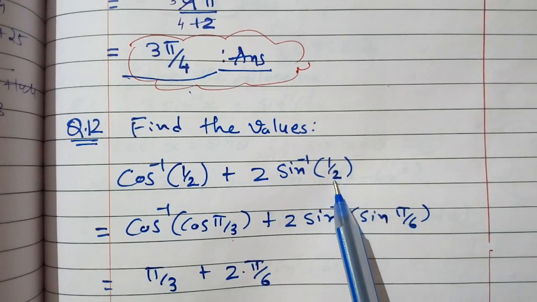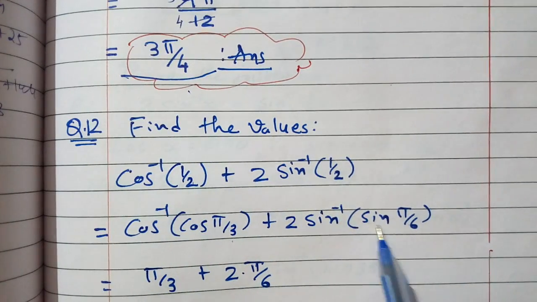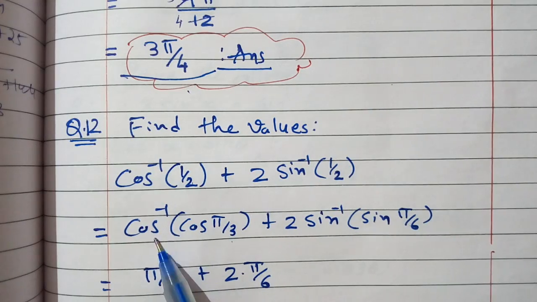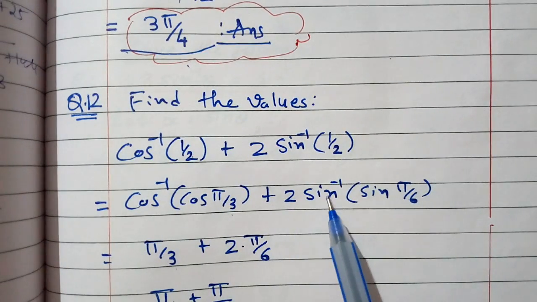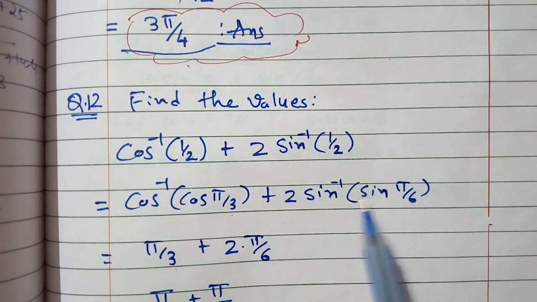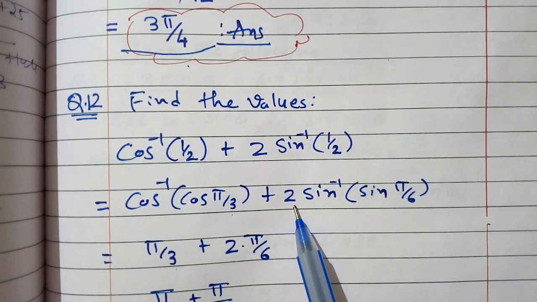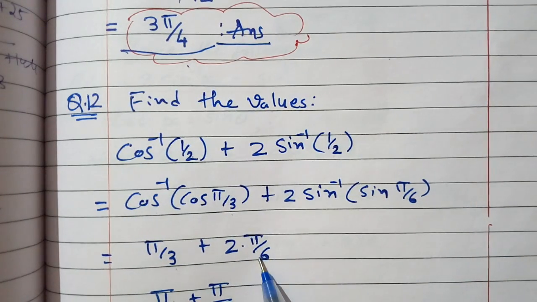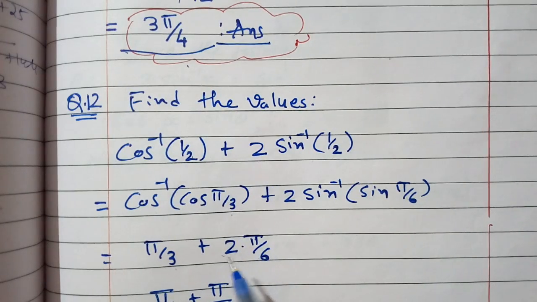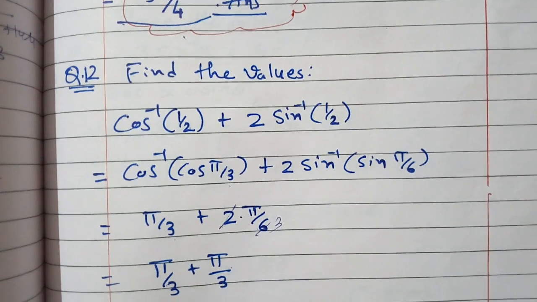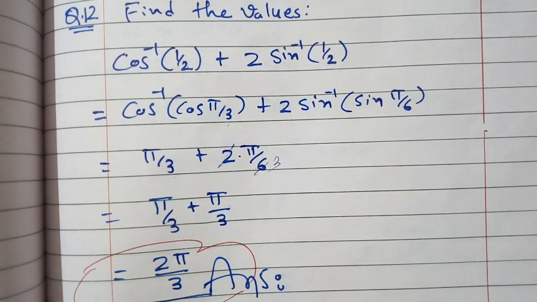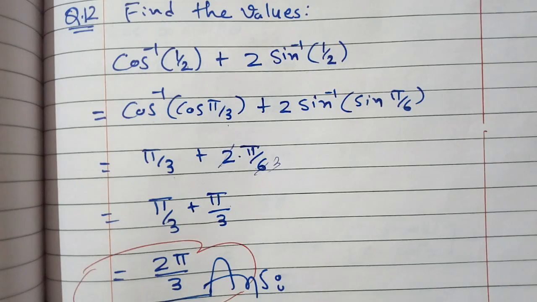Instead of 1 upon 2 here, because of sin inverse, we can write sin pi by 6. So cos inverse and cos cancel, pi upon 3 plus 2, sin inverse and sin cancel, we are getting pi upon 6, but with the product 2 into pi upon 6, it becomes pi upon 3. So pi upon 3 plus pi upon 3 is equal to 2 pi upon 3. This is our last answer.